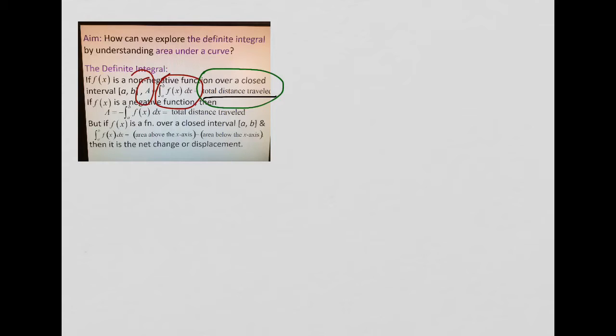This is another way to do that, but only if you know the function. If you're given a table, you have to use an approximation method, like LRAM or RRAM.